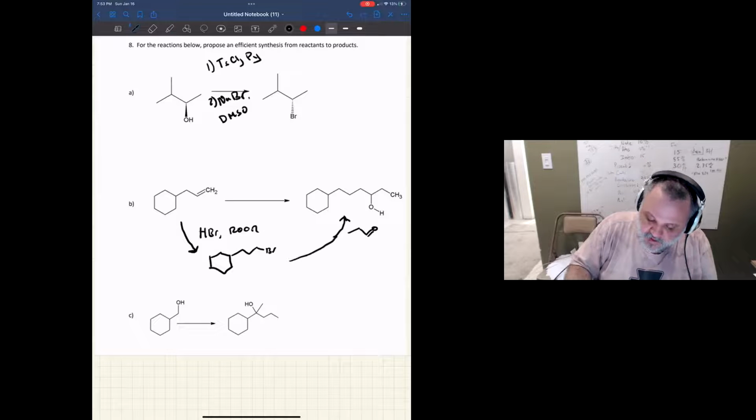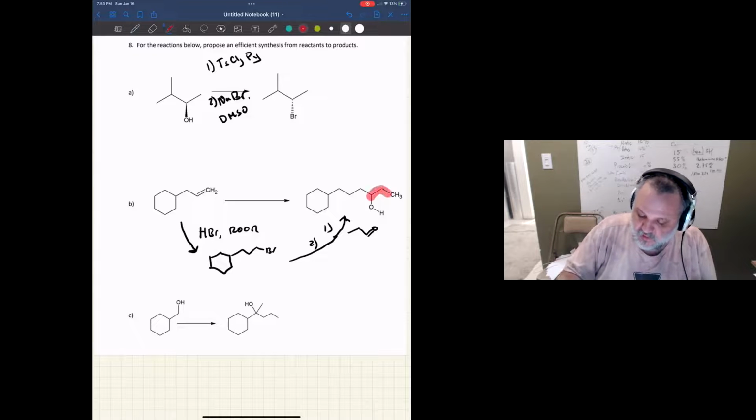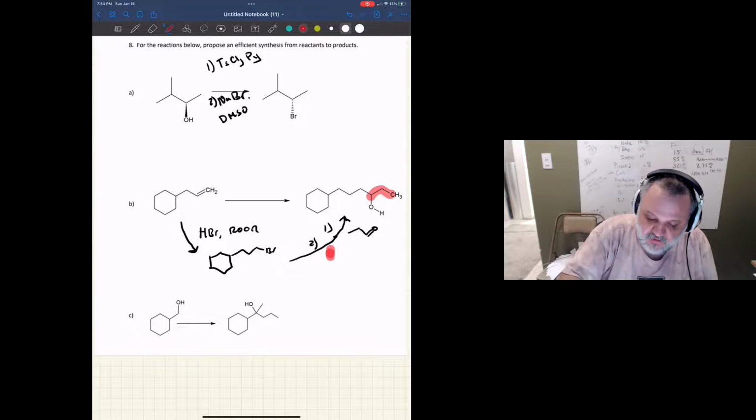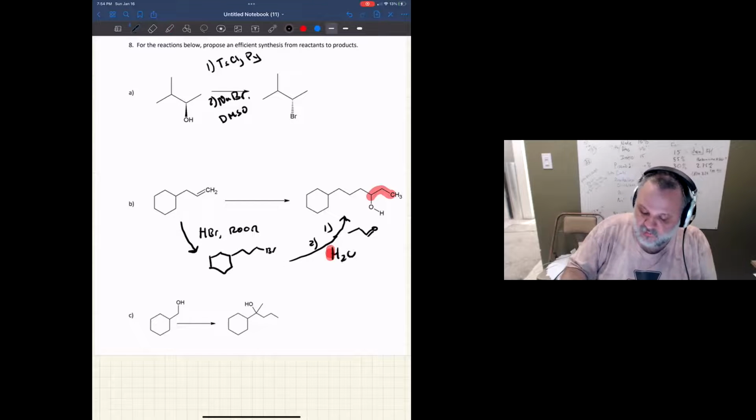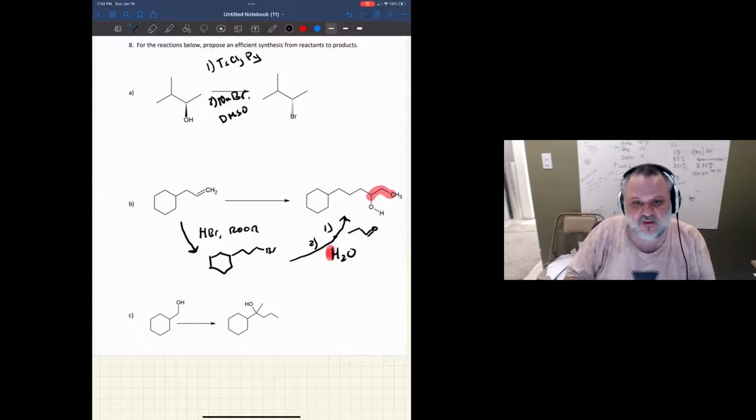And then I can react this with the 3-carbon carbonyl group, 1, 2, 3, and I would form the alcohol at the end by adding water. Now, I don't think it's possible that it can be done with alkylation. It might just take a little bit more time to do that.